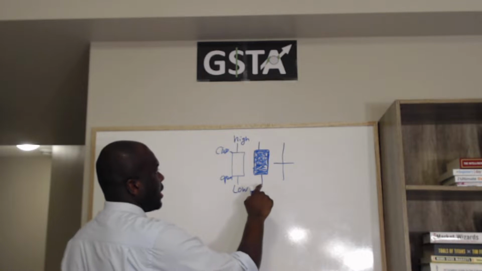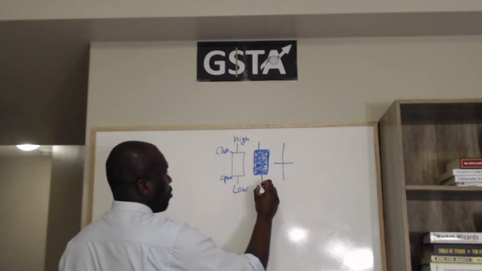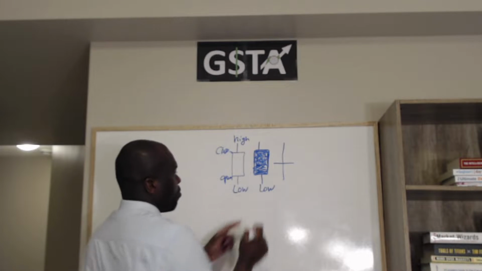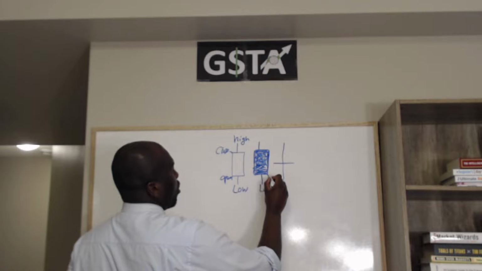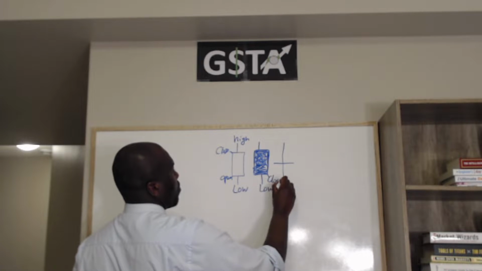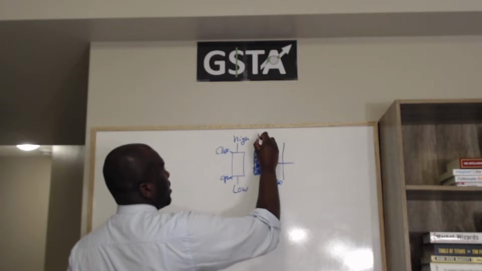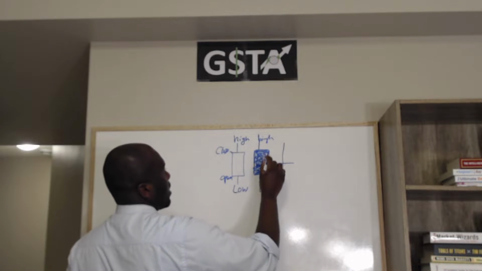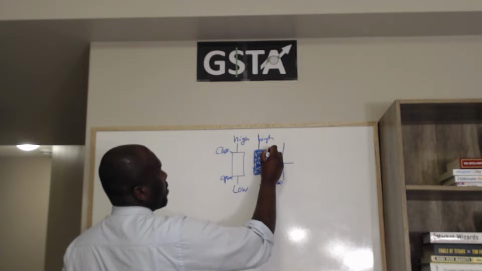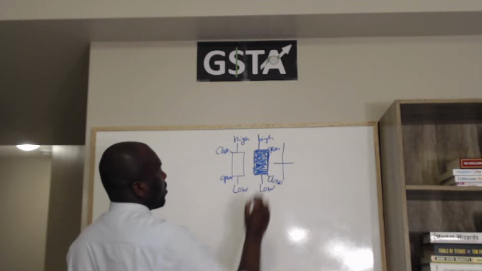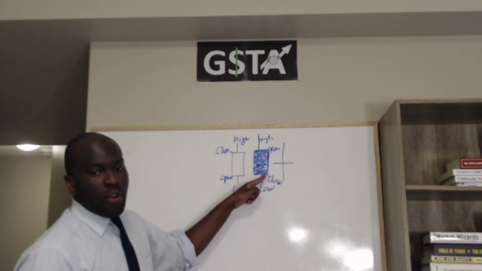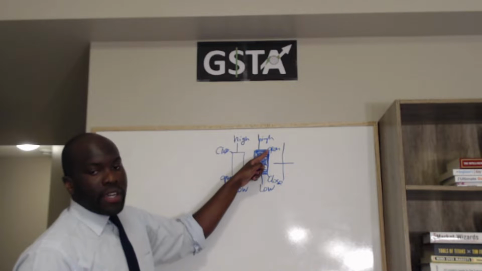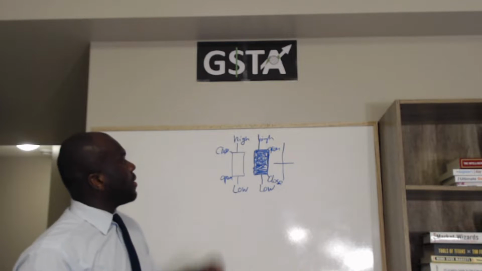And for the bearish candle, here is the low, here is the close, here is the high, and here is the open.